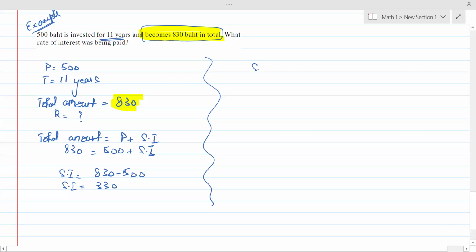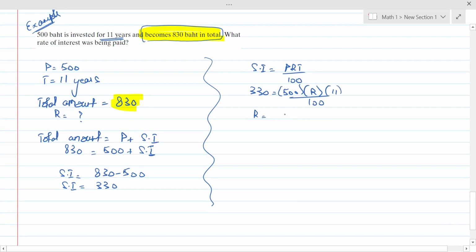So simple interest is equal to PRT upon 100. Simple interest is 330. P, the principal, is 500. R, the rate, is unknown. Time is 11 years, upon 100.